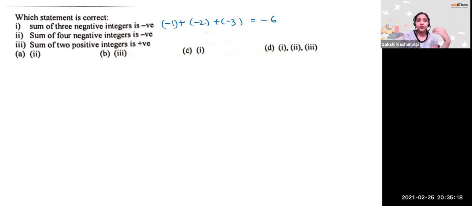It's negative. For 4 negative integers, negative 1 plus negative 2 plus negative 3 plus negative 4 is minus 10. Again negative. Now if I say the sum of 2 positive integers is positive, so the sum is positive. So 2 plus 3 is what?